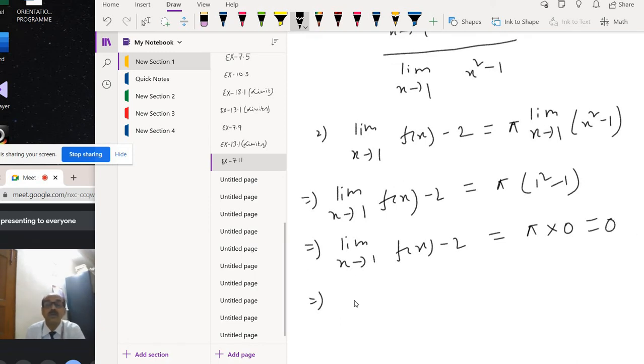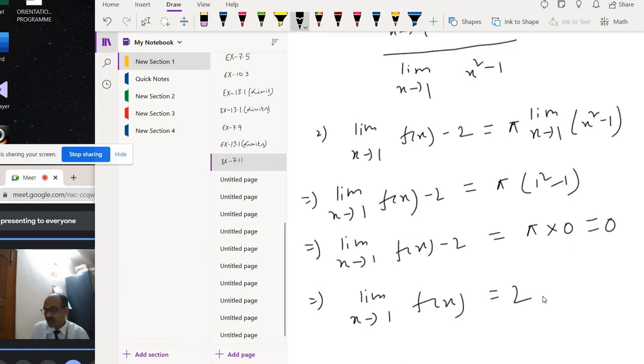So limit x tends to 1 f(x) is equal to 2, and that is the answer.